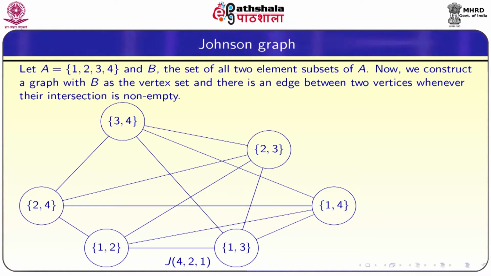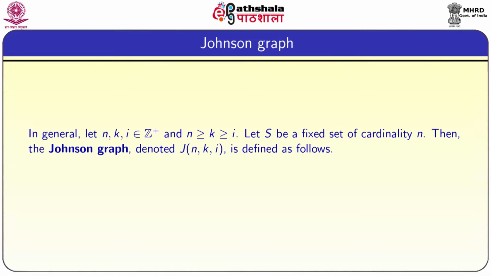This graph is denoted as J(4,2,1). Here 4 represents that the original set A contains 1, 2, 3, 4 and we are collecting two element subsets, that's why 2, and their intersection contains exactly one element. So that's why it is denoted as J(4,2,1). In general, we can generalize this definition as follows.